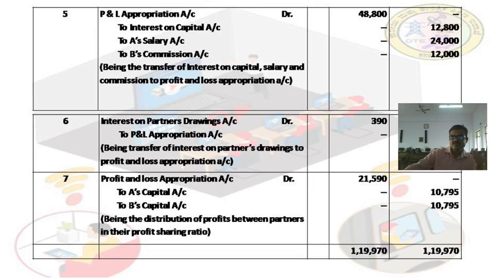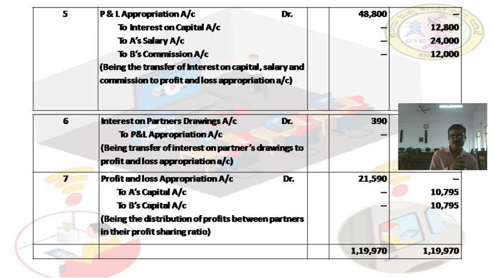The seventh entry is transfer of profit to partners' capital accounts. The entry is profit and loss appropriation account debit 21,590 to A's capital account 10,795, to B's capital account 10,795. Narration: being distribution of profit between partners in their profit sharing ratio. Whatever profit is arrived at, that should be distributed to the partners' capital accounts.